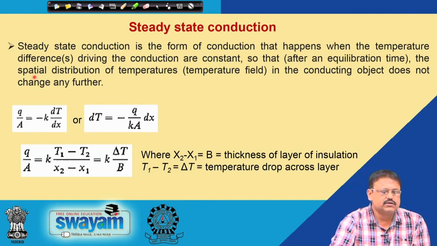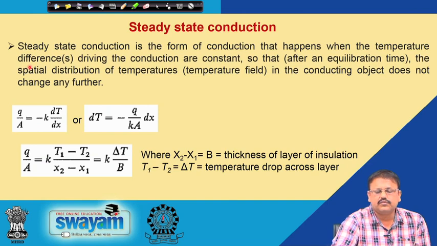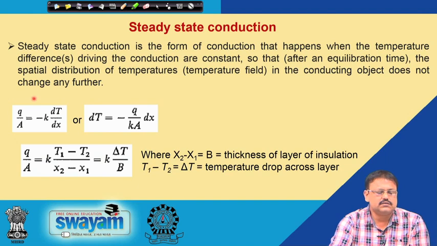Now, the steady state conduction. Steady state conduction is the form of conduction that happens when the temperature difference, which is the driving force in conduction, is constant, so that the spatial distribution of temperature in the conducting object does not change any further. So, we can present the equation q by A equals minus k dT by dx, and dT equals minus q by k dx.